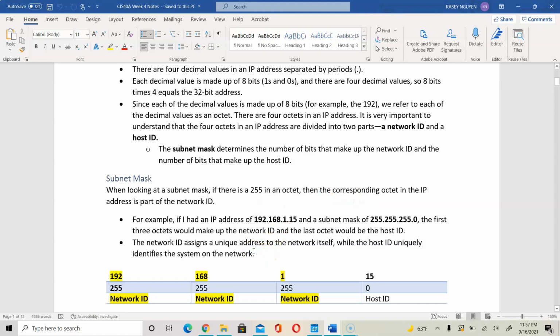The network ID assigns a unique address to the network itself, while the host ID is unique to the system. The network ID tells us which network, and the host ID, in this case the last octet, represents the value for the specific system. No two hosts will have the same IP address, because every IP address is unique to each system.